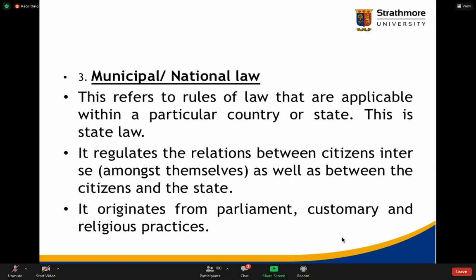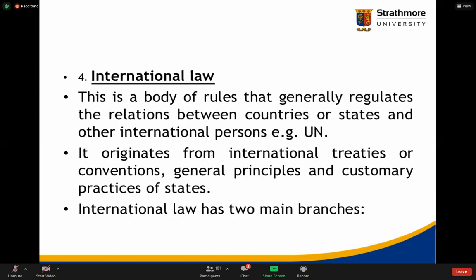Or in the African continent. I think someone has texted a response here. 195 countries and counting, yes? And in Africa, we have, I think, 54 states.